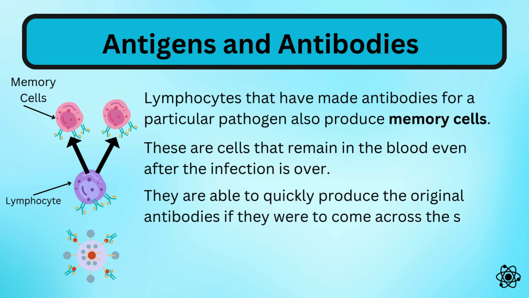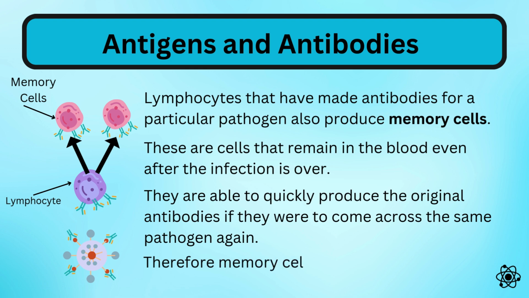This is how people can become immune to certain diseases after only having them once. An example is chickenpox. Most people who have had chickenpox will be immune to the disease for the rest of their lives. Therefore, memory cells give them long-term immunity.